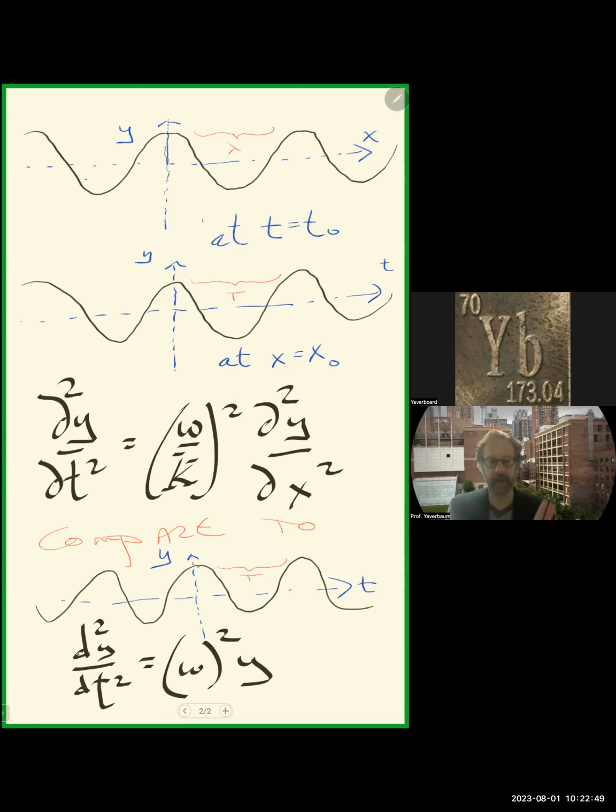Let me make one clarification. I keep using the x-axis to mean horizontal, and I keep using the y-axis to mean vertical. It doesn't actually have to be that way. I think it's the easiest way to picture this, especially at the beginning. But really, it might be even better to just think of the y-axis as the axis of oscillation.